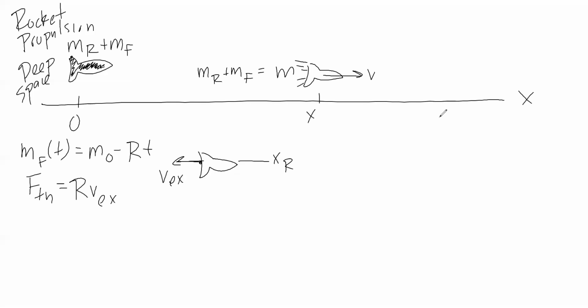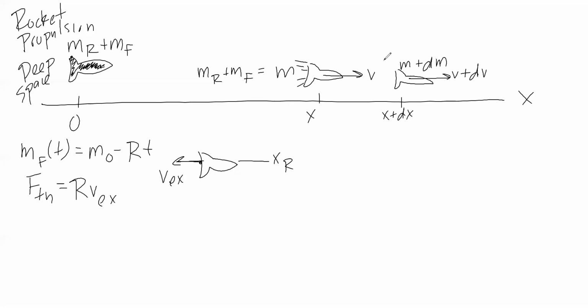At the next instant in time, the rocket is at a location x plus dx, which doesn't really matter. Its speed will increase, so it'll be v plus dv, but the mass has gone down, so it's now m plus dm.